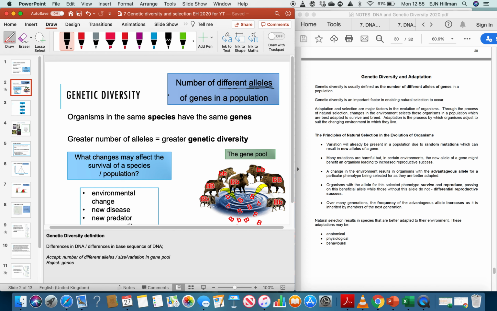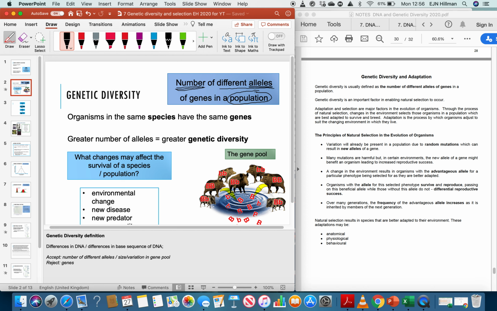Really important here, we're comparing the number of different alleles of genes in a population. Where a population represents a number of individuals of the same species in a given habitat area, etc.